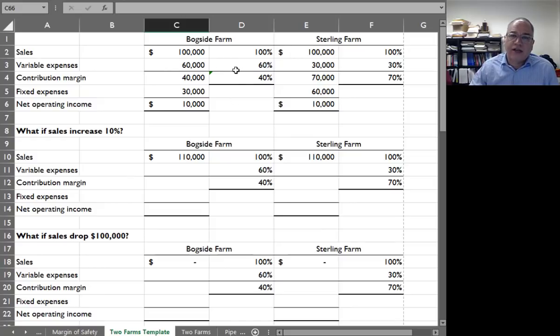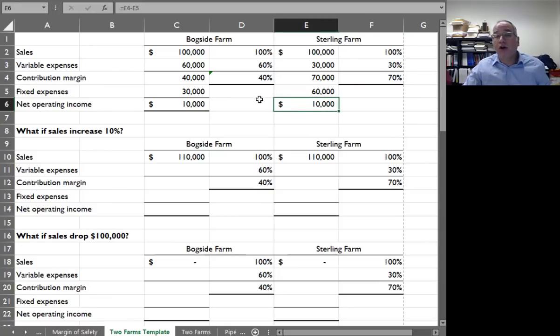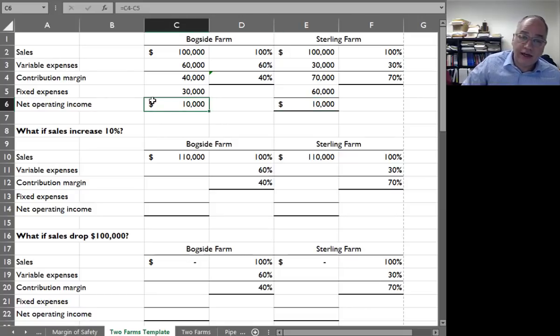Bogside has a contribution margin ratio of 40%, which is fairly low, and they have relatively low fixed expenses, $30,000. Sterling Farm, on the other hand, has fairly low variable costs and high contribution margin and high fixed costs. So their variable expenses are only $30,000, but their fixed expenses are $60,000. Giving them contribution margin ratio of 70%. Yet both farms have the same net operating income.